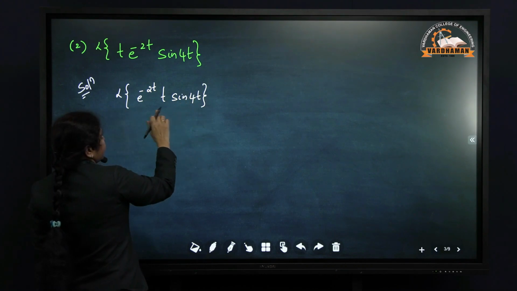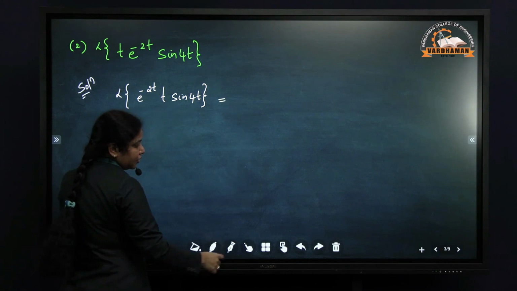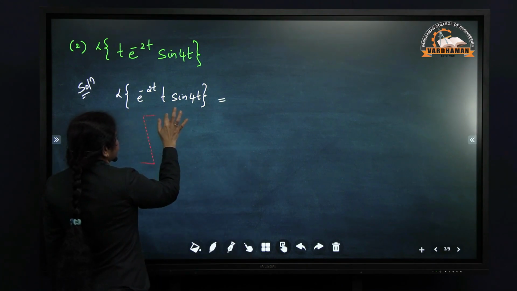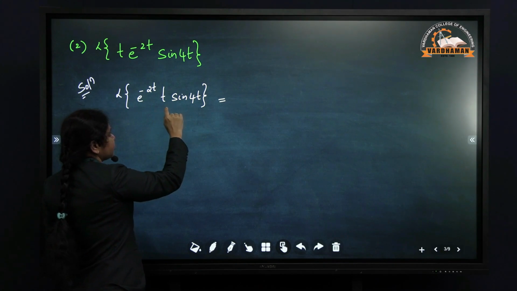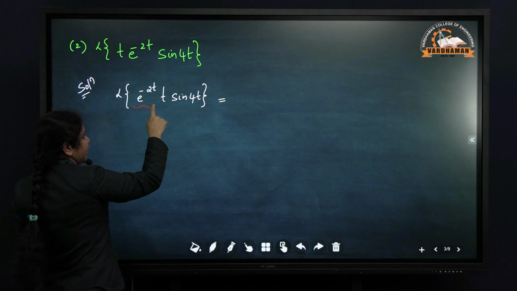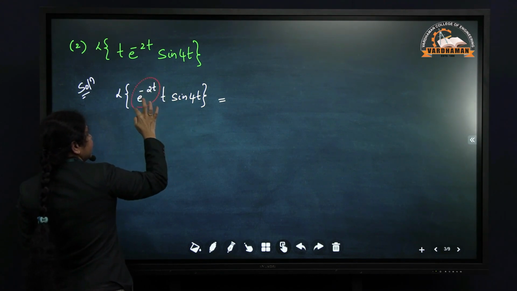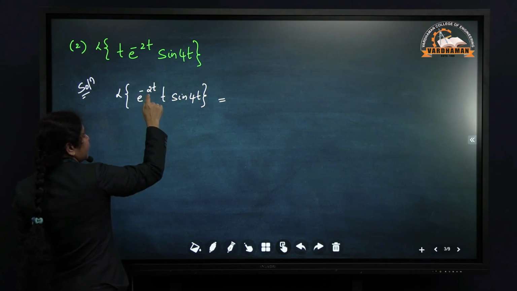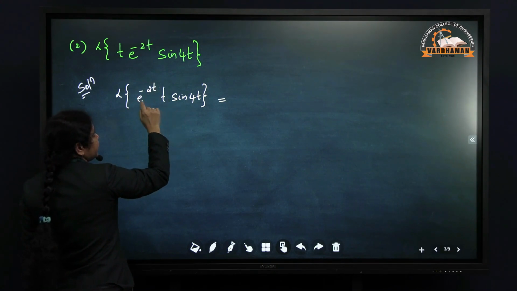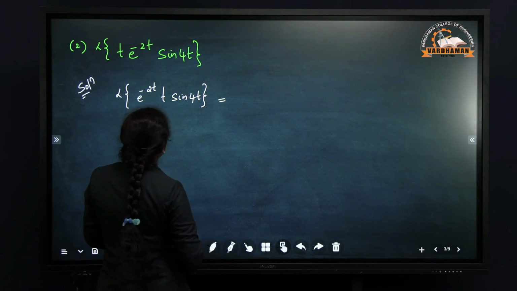To evaluate this, first I need to apply the first shifting theorem. Since the function t sin 4t is multiplied by e power minus 2t, in this result we need to replace s with s plus 2 according to the first shifting theorem.